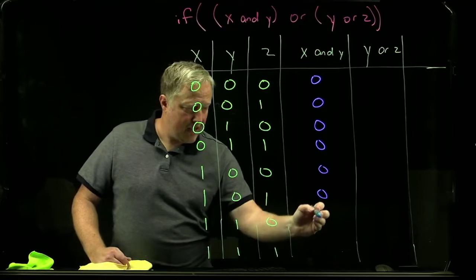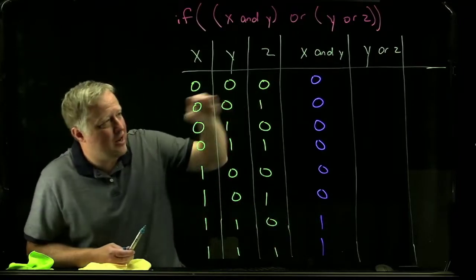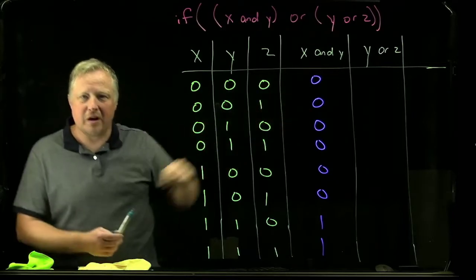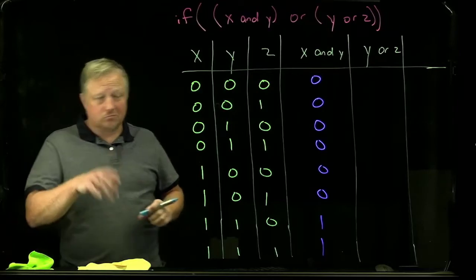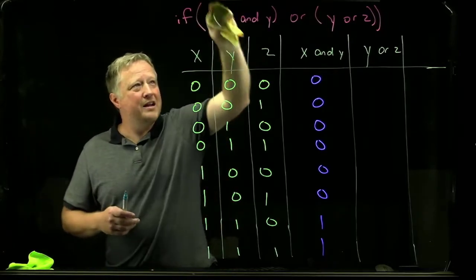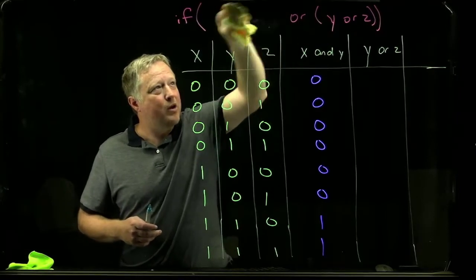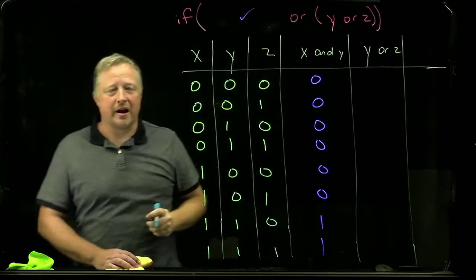Same thing, but the last two are true. Also notice I'm going to be kind of precise on my rows here to make sure that they're in line. Now, bear with me here, I've taken care of this part of the equation. That part is done, and I'm just going to put a check mark for right now.